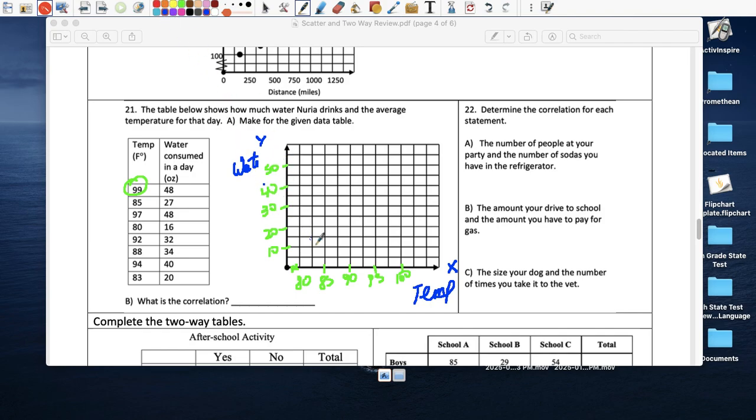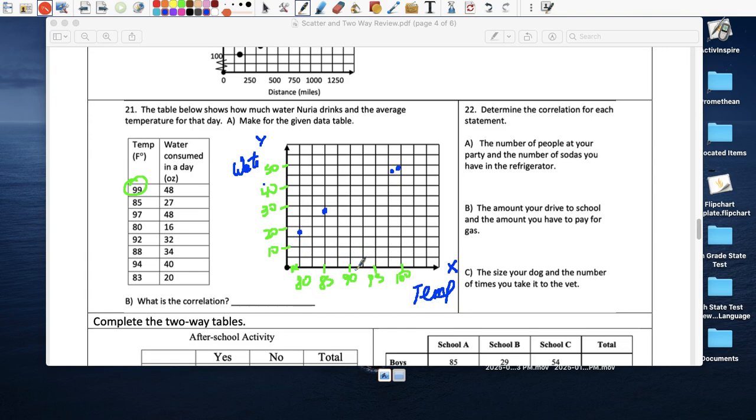All right, so when it's 99 degrees, I consume 48 of water, so somewhere around here. When it's 85 degrees, I consume 27 of water, somewhere around here. When it's 97 degrees, I consume 48 of water, right about here. When it's 80 degrees, how much water we consume? 16.